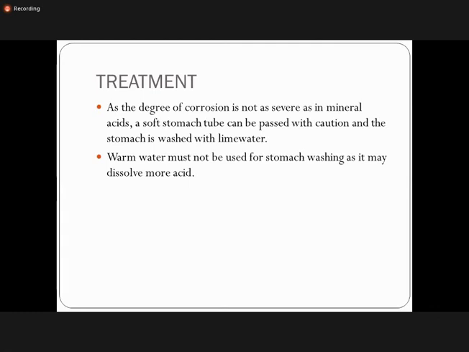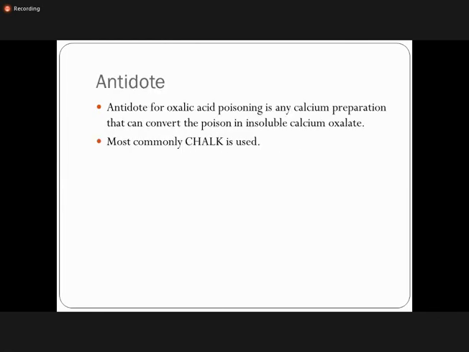Remember, here there's a very minimal risk of perforation because the degree of corrosion is not severe. So we can use a stomach tube and we can safely wash the stomach, right?